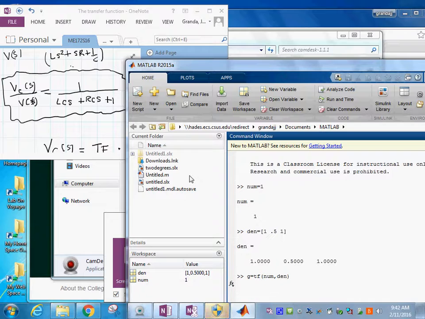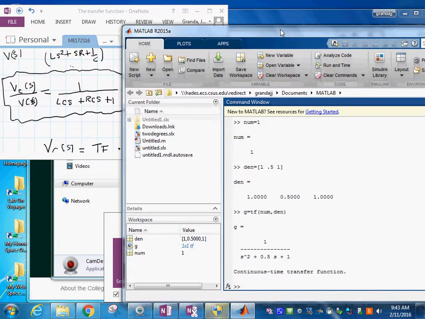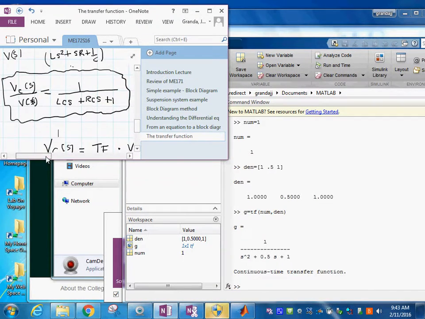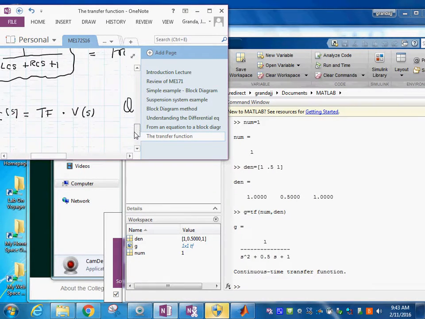I think you can see it very clearly, but you could actually change the font and make it bigger. My point is that now we have the transfer function. Now here's something very important that we need to consider. If you put it in this form, that the voltage output is the transfer function times the input, then I could give a step input to this transfer function and get the voltage answer.